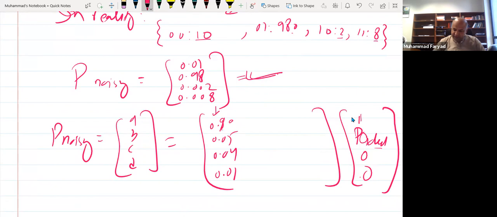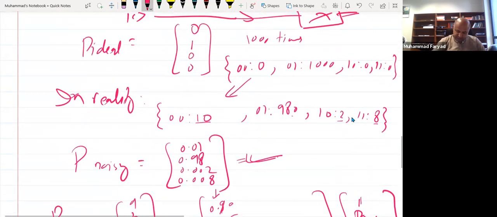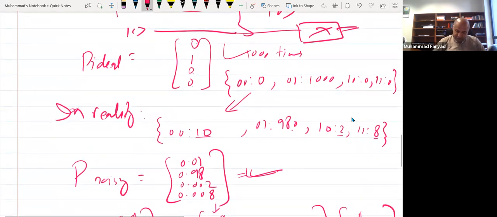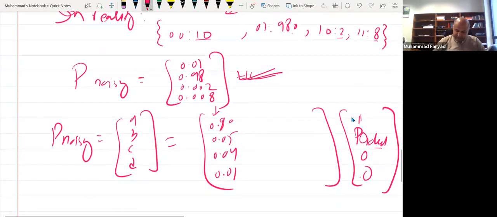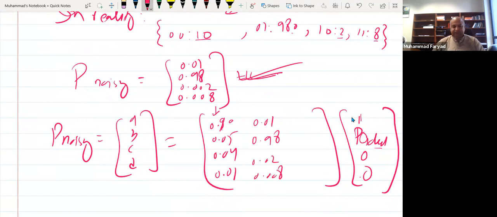Similarly, when my ideal state was 0, 1, 0, 0, I'm getting this as output. So its second column should be 0.01, 0.98, 0.02, 0.008.